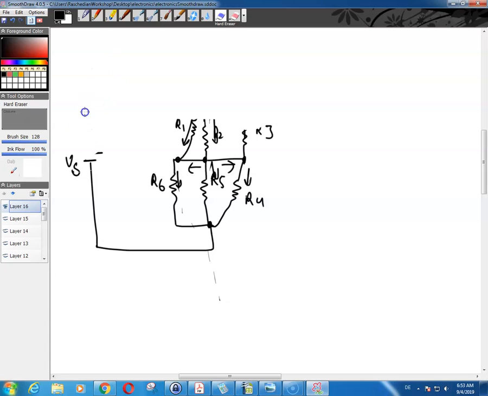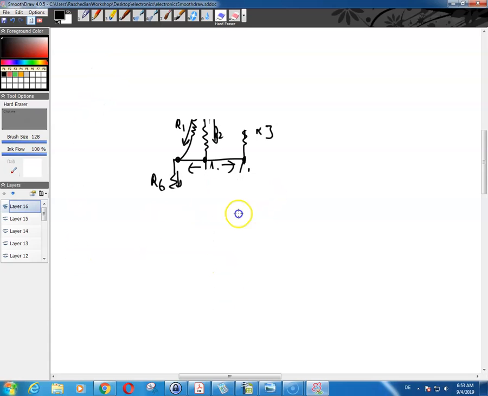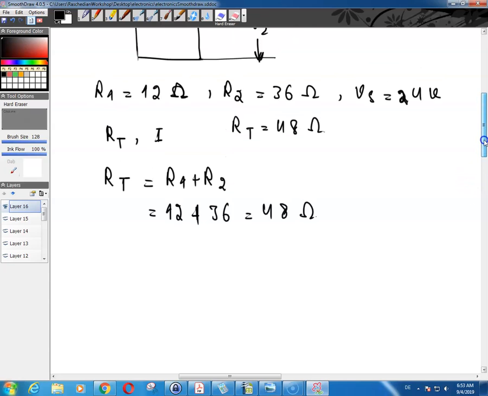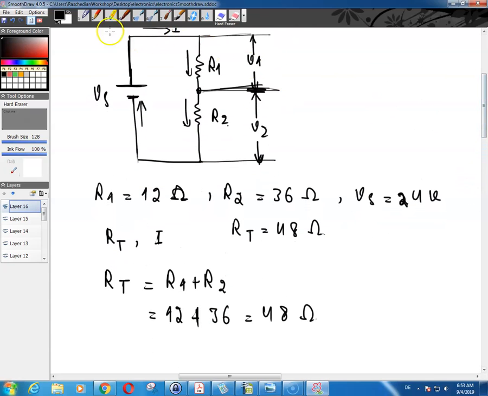Since I know that R of T is equal to 48 ohms, I know that V is equal to IR, Ohm's law.